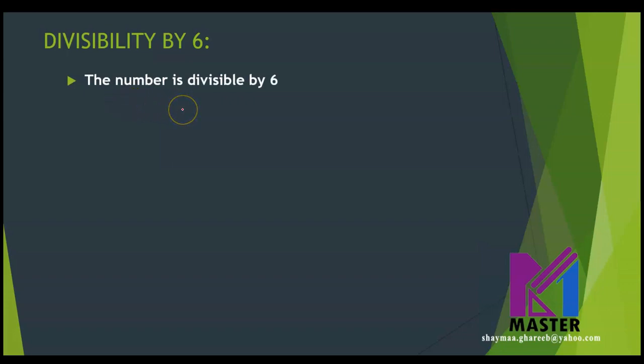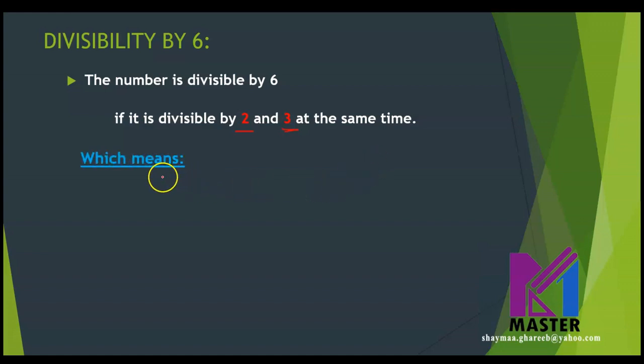The number is divisible by 6 if it is divisible by 2 and 3 at the same time. So it has to be divisible by 2 and at the same time it has to be divisible by 3. Do you remember the divisibility test of both 2 and 3? Let's remember together.